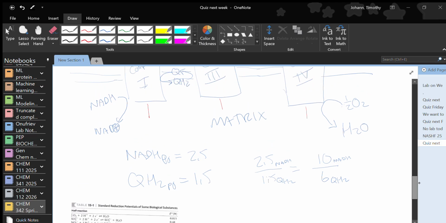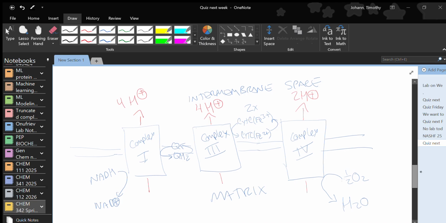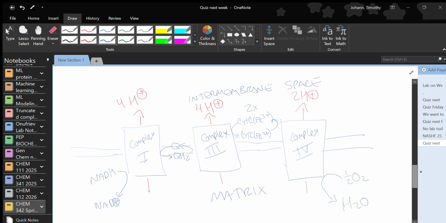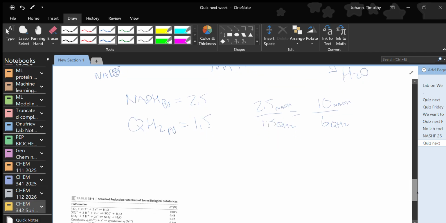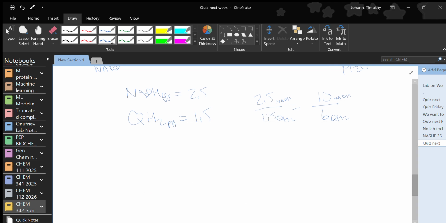All right, so let's do an overall reaction for this. We'll pile them all together down here. What do I have at the beginning of the electron transport chain?